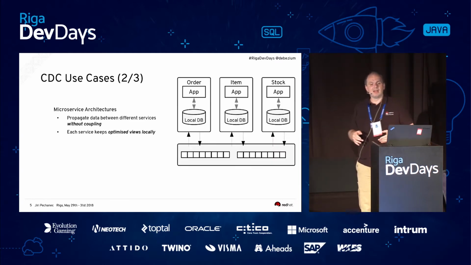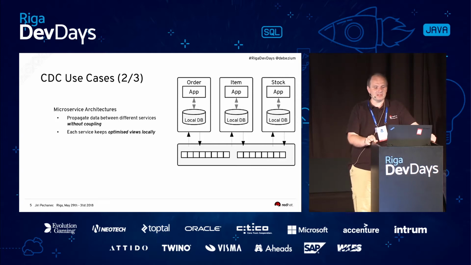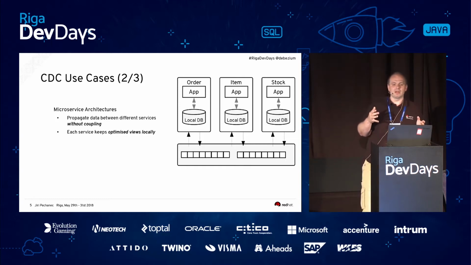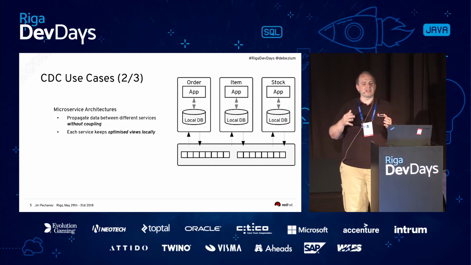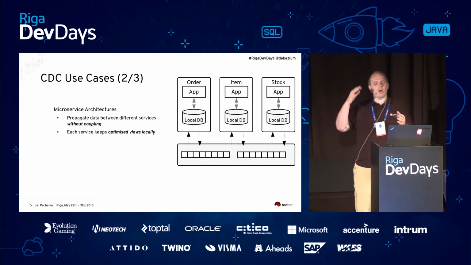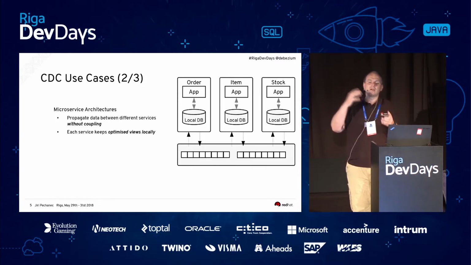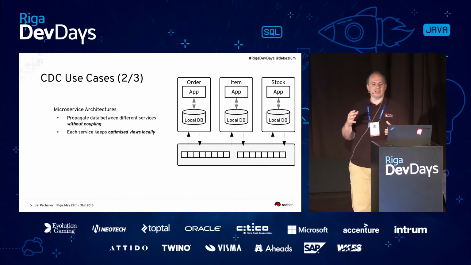The next use case, and I would say it's quite popular these days, is usage in microservice architectures. Well, we know that in microservices, one golden rule is that every microservice should have its own data store, where it stores its own private data, and this store is not shared between multiple services to avoid tight coupling.